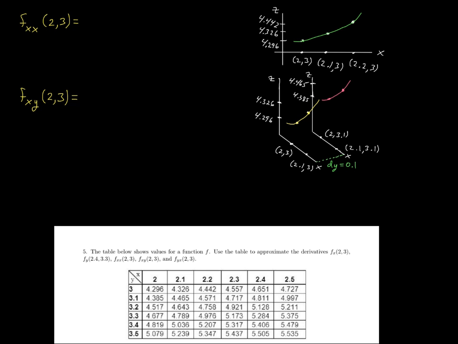So here what I can do is measure this slope right here, and I'll call this mx1. And we already computed that. That was our 0.3. Now I can measure this slope from here to here.